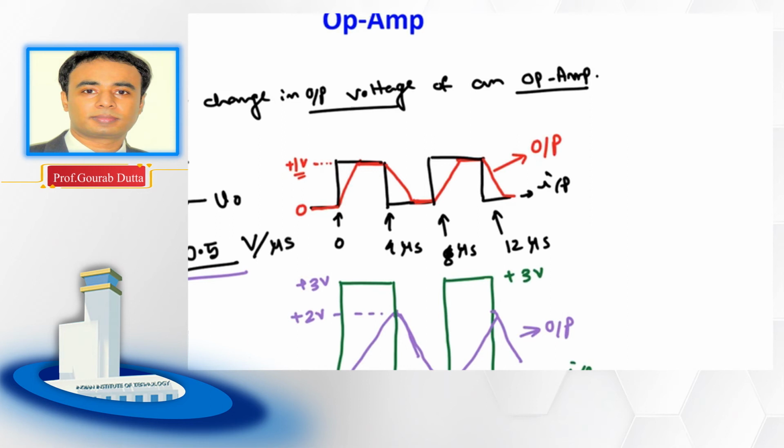Because think about it, instead of this 4 microsecond, if it was 12 microsecond, then definitely you would have reached plus 3 volt, right? And the distortion will not be that severe, isn't it?